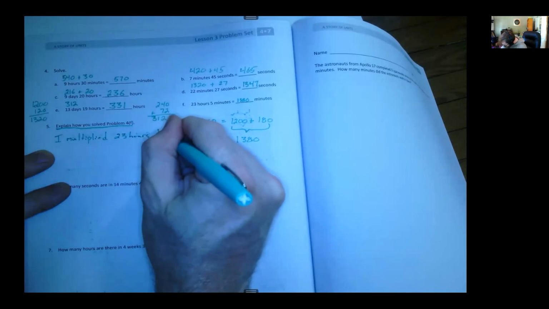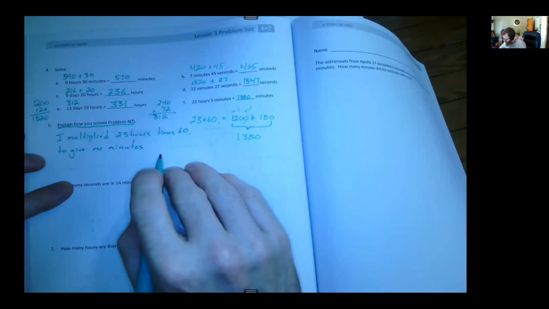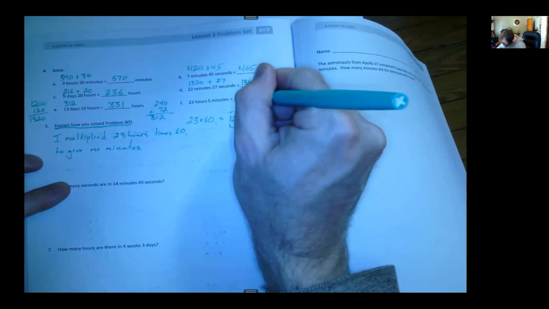Now we have to explain that in words for number 5. I multiplied 23 hours times 60 to give me minutes. Then I add, it's actually 1,385 minutes, isn't it?